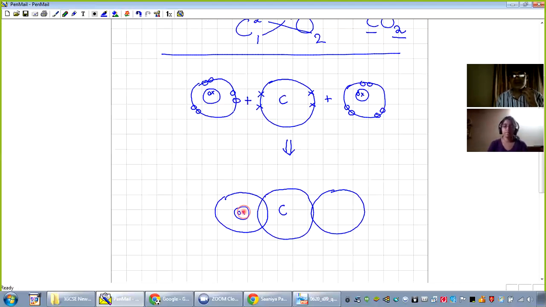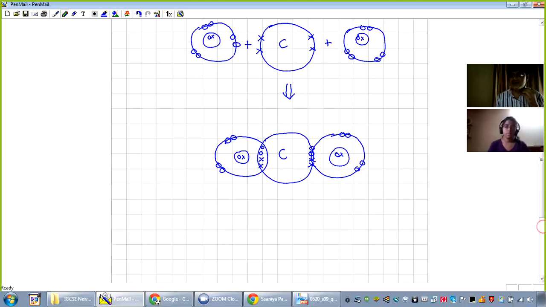This is your oxygen atom. The 2 crosses of carbon, the 2 circles or dots of oxygen. Again, here 2 crosses of carbon and 2 circles or dots of oxygen. And the remaining other electrons will be unchanged.